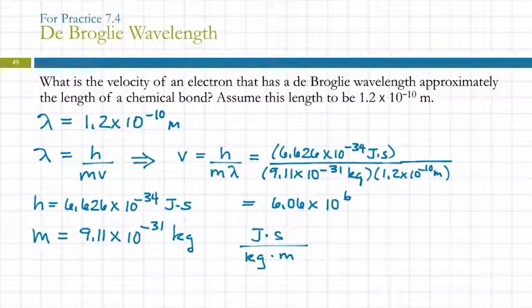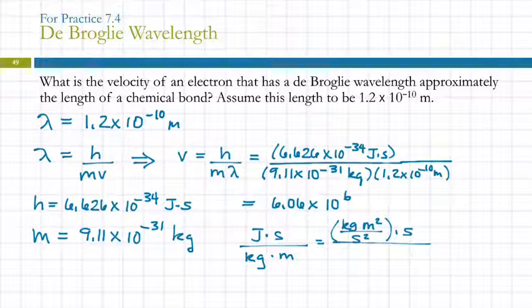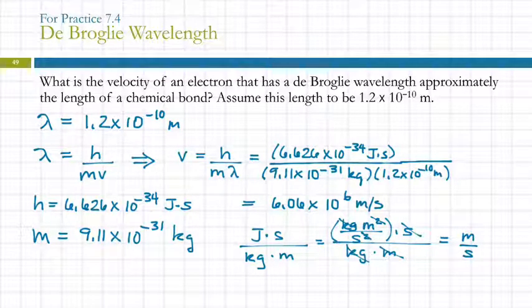So that's times seconds divided by kilograms times meters. So this second cancels one of the seconds, and the meter cancels one of the meters, and the kilogram cancels the kilogram, and the units end up to be meters per second.